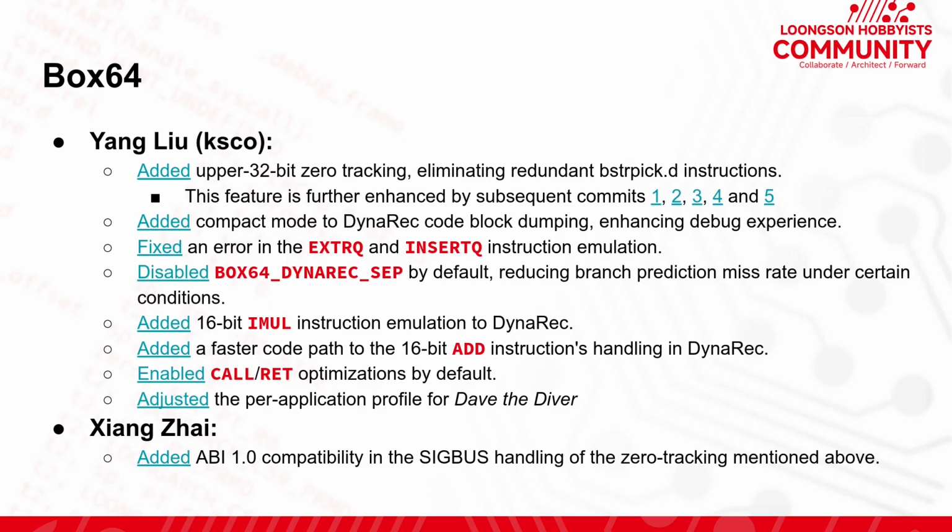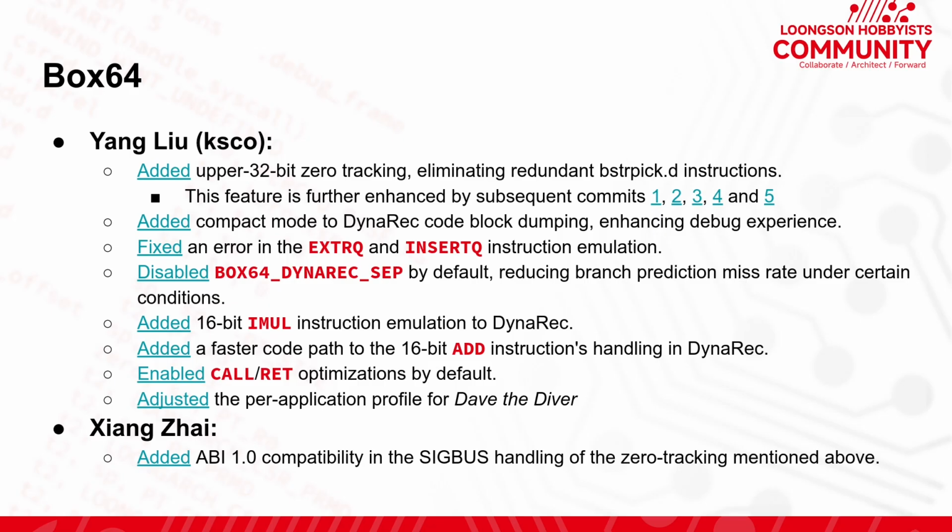To maintain the correctness, we have to use the BSTRPICK instruction to zero the upper 32 bits explicitly. So what this optimization does is it utilizes data flow analysis to identify the dead registers.